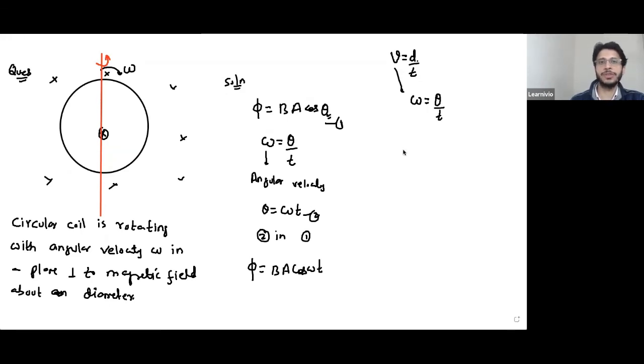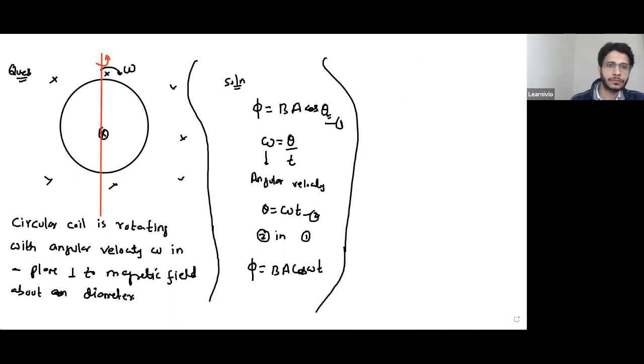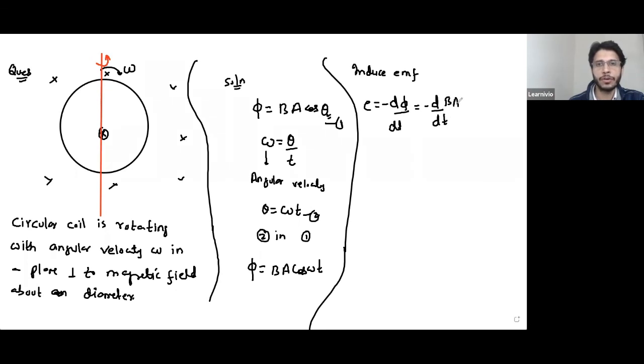So that's your flux, which is BA cos omega t. Induced EMF would be minus of d phi over dt. It's minus of d over dt of BA cos omega t. So your induced EMF is minus of BA d over dt of cos omega t.